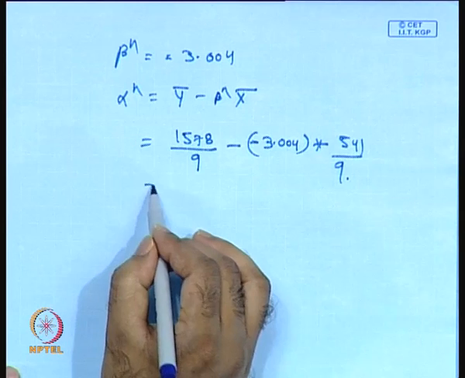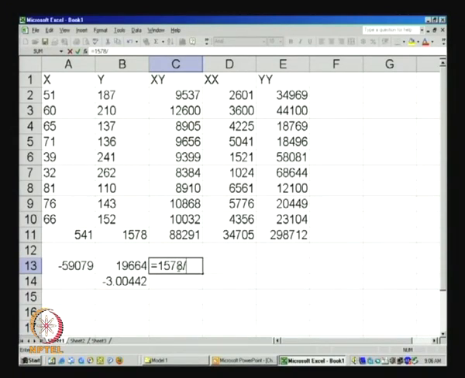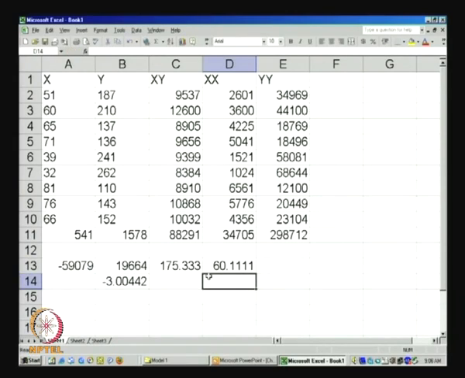Okay, so what will we do here? 1578 divided by 9, so we will get 175.33. Then we would like to know 541 by 9. Okay, so this is 541 divided by 9, so you will get 60.